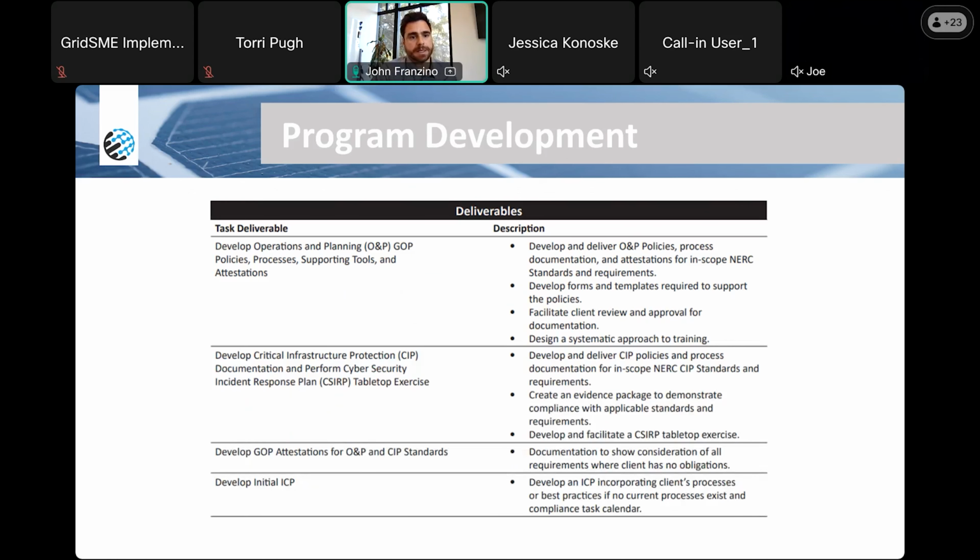And again, just to reiterate, on this session we are talking about the O&P or 693 aspects of a GOP program, but there are also the critical infrastructure protection, or CIP, requirements that we'll go through later this afternoon. As we mentioned, there are some requirements in GO and GOP that are technically applicable to that entity type, that registration type, but they have more refined applicability for certain characteristics of the facility, et cetera.